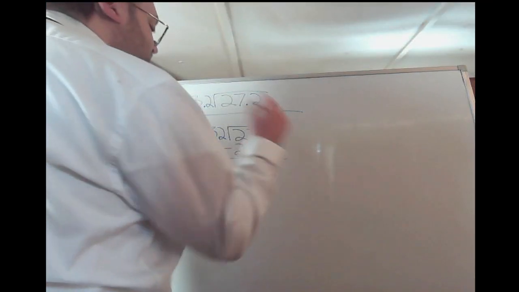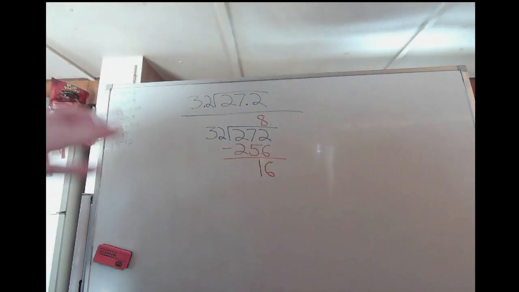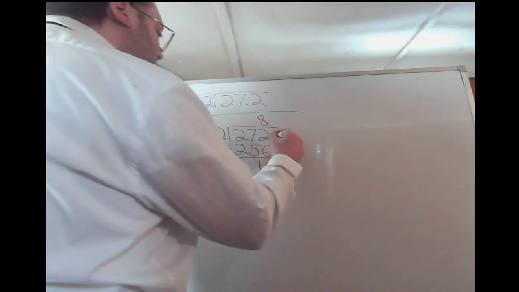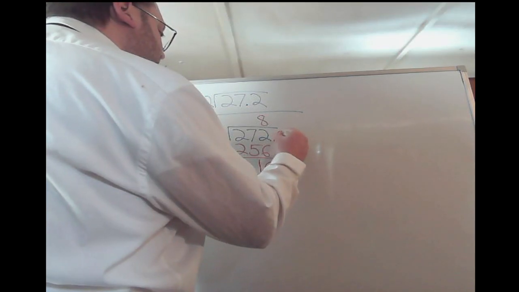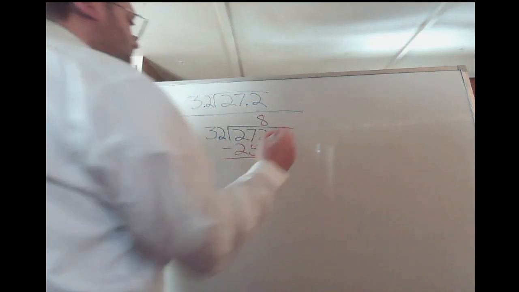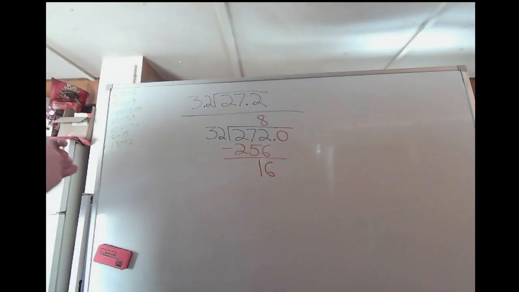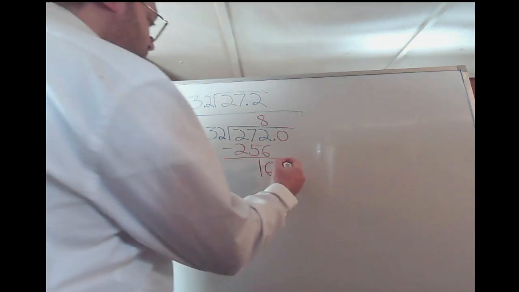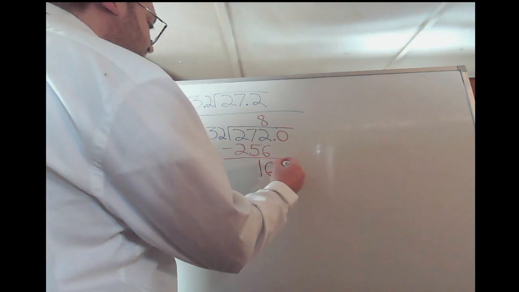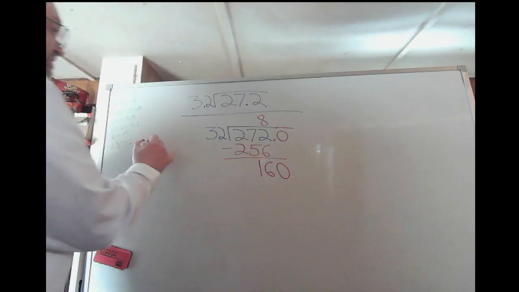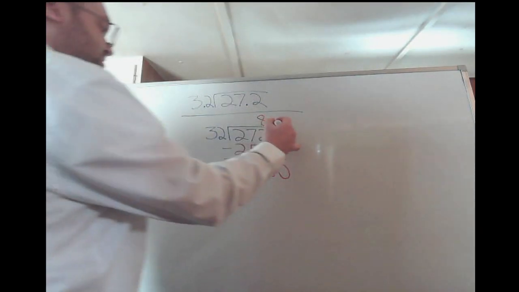But what you want to do, if you're stuck with the remainder working with decimals, go ahead and tack on as many point zeros as you need. Because remember, every whole number has a default of 0.0. So we'll bring down the 0 from the dividend. 32 goes into 160 how many times?